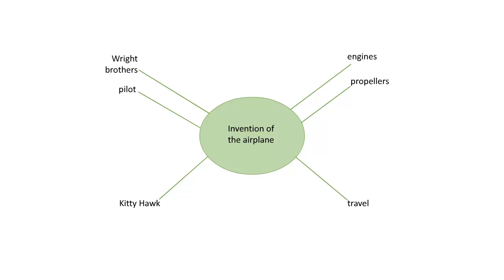Asked what comes to mind when they think about the invention of the airplane, students might say the Wright brothers, Kitty Hawk, pilots, propellers, engines, and travel. Similar ideas would be written close together on the concept map. Propellers and engines are both parts of planes, so they would be clustered together, for example, and the Wright brothers and pilots would be close together. In the end, the map might look like what's depicted on this slide.